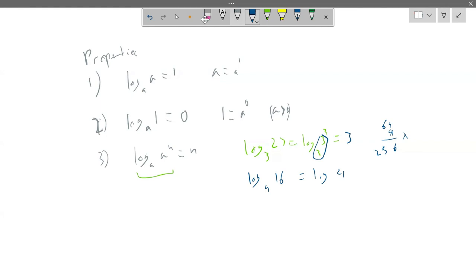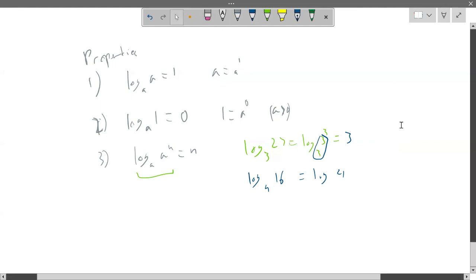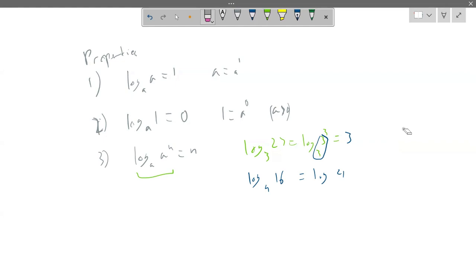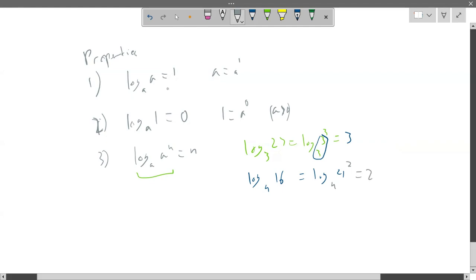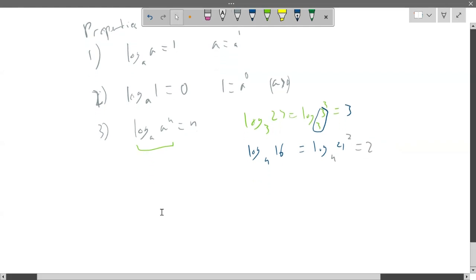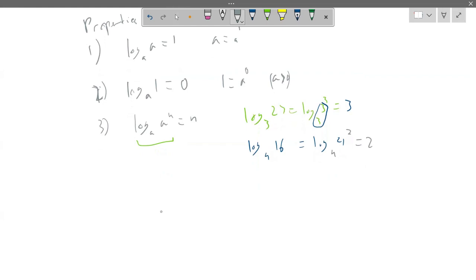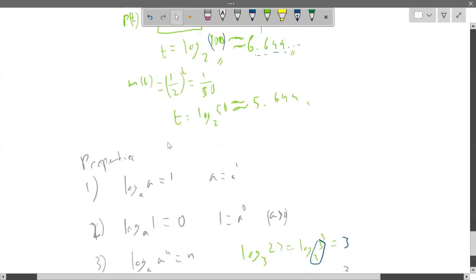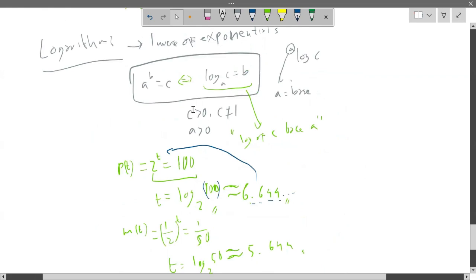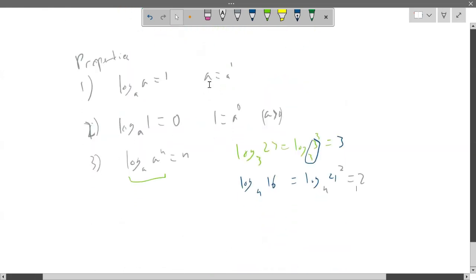So 16 is equal to 4 to the power of 2, which means this is equal to 2. I think this is quite easy to show because of the definition of the exponents.